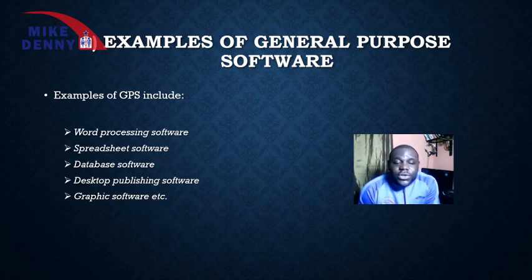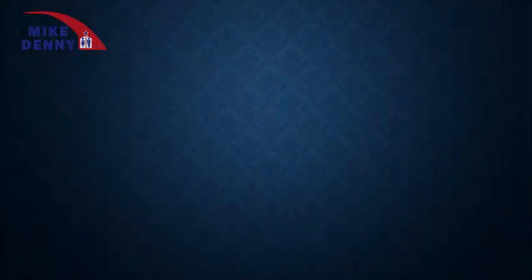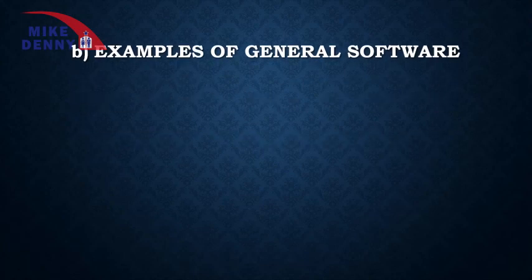So now we're going to try to define, one by one, these different types of general purpose software. It's going to be very interesting because it's going to help you to know which software you need to use when you want to perform a particular task.